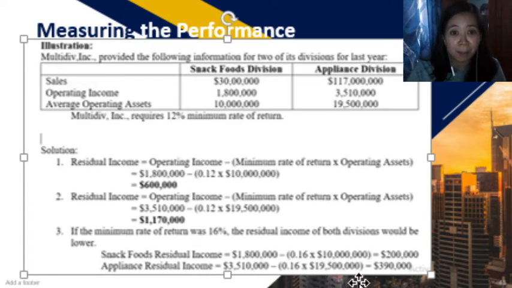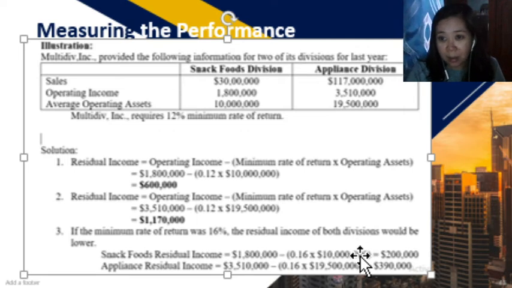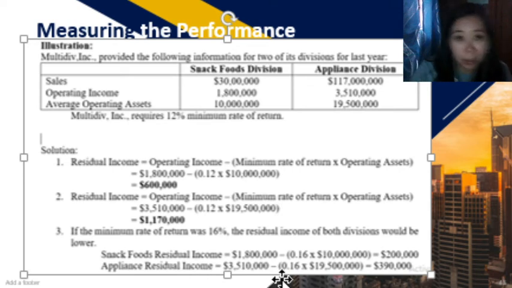What will happen in this case? For the snack foods division, the residual income will be $200,000, while for the appliance division, it will be $390,000.